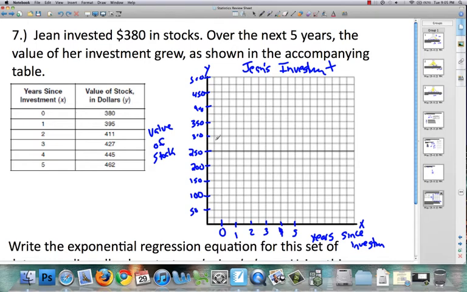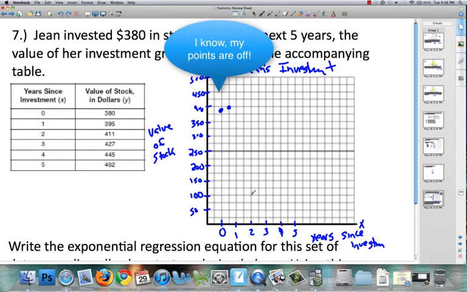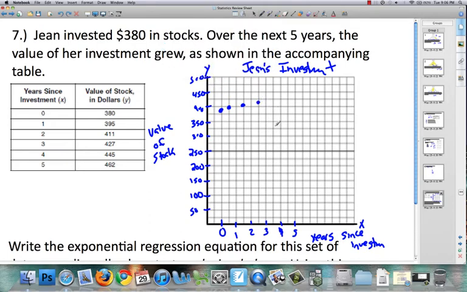At 0 it is 380, so approximately over here. 1 is 395, so that's about over here. 2 is 411, over here. 3 is 427. 4 is 445.